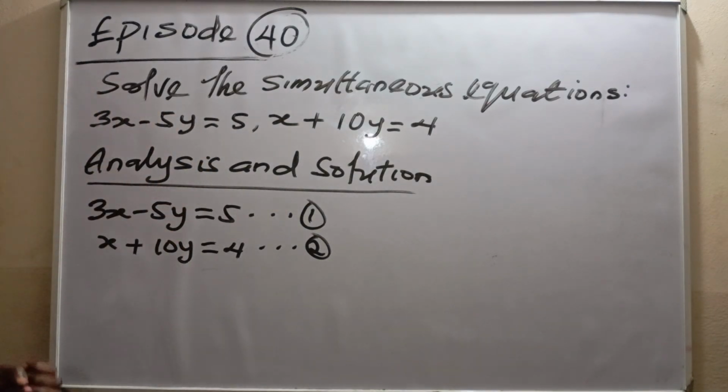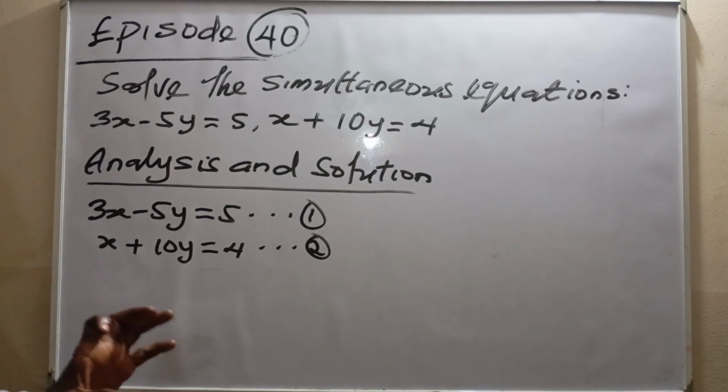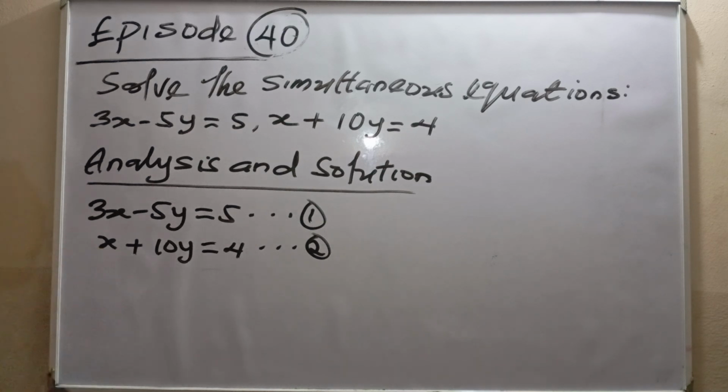You can only use the elimination method when the simultaneous equation is uniform. So the best approach to this problem is to apply the substitution method for a non-uniform coefficient problem.